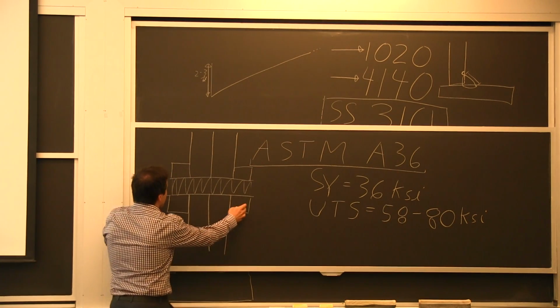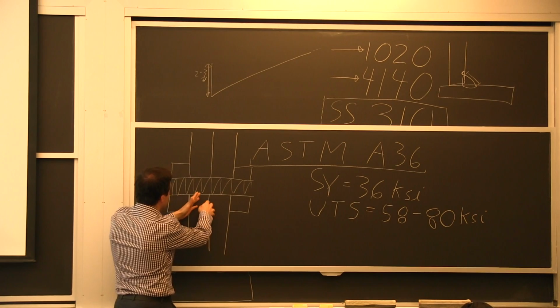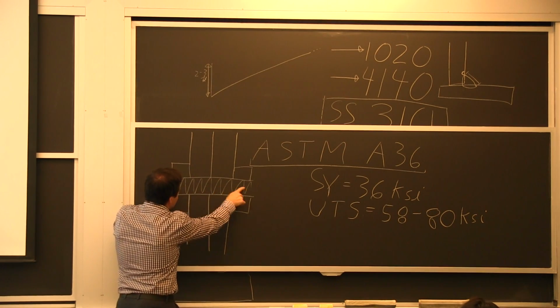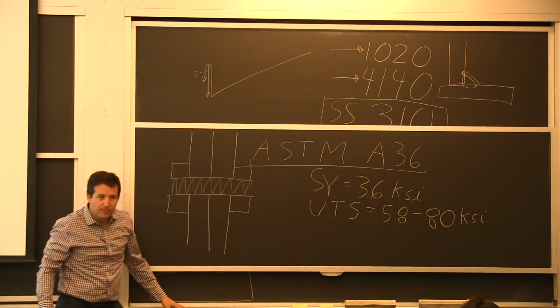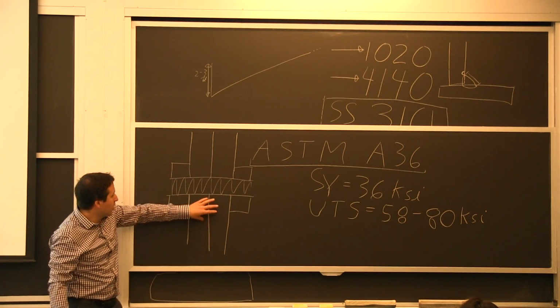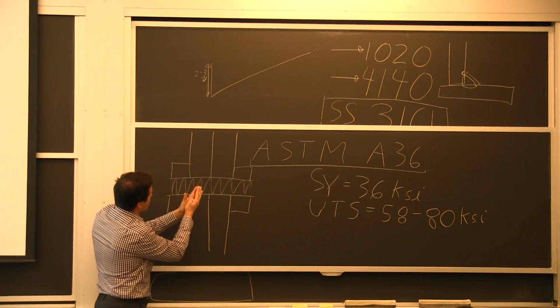So what you do is you tighten it up, and as a whole assembly, it's a little bit like a compliant spring against a much harder spring. The hard spring is this flange against the other flange.